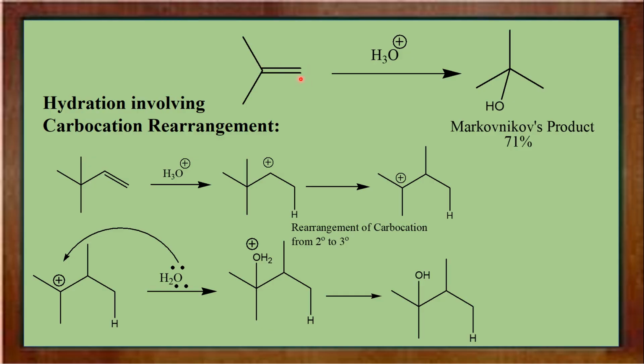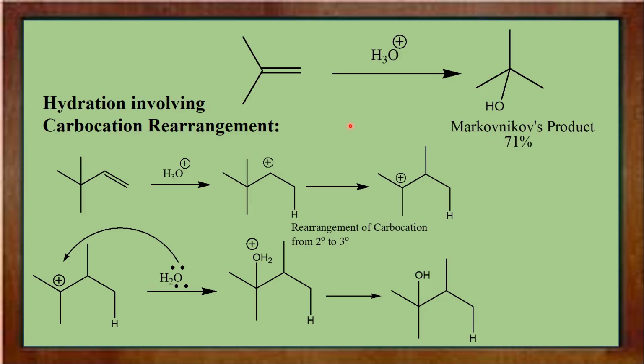The minus on the less substituted carbon takes a proton from the hydronium ion. So minus joins with H plus. This carbon will have positive charge, and that will be attacked by the nucleophile water, and that results in the formation of tertiary butyl alcohol. In this reaction we are getting 71% of this tertiary butyl alcohol, which is a Markovnikov product.